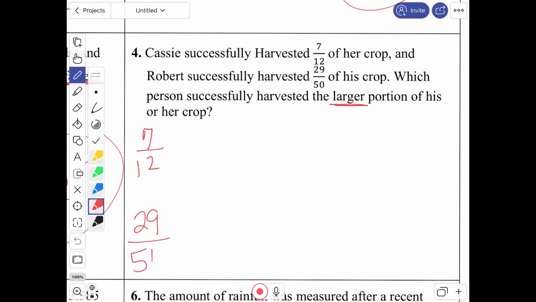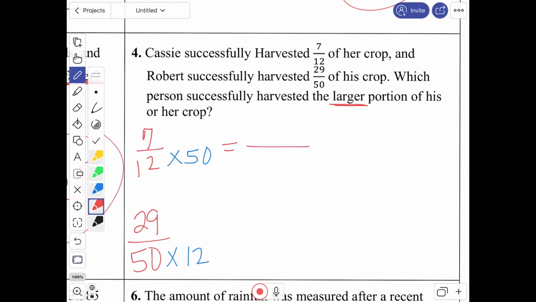Whichever is easier for you. And I think for me, I'm going to look for a common denominator. And there's an easy common denominator. You just multiply the two denominators together. Anytime you multiply the two denominators together, you're going to get a common denominator.